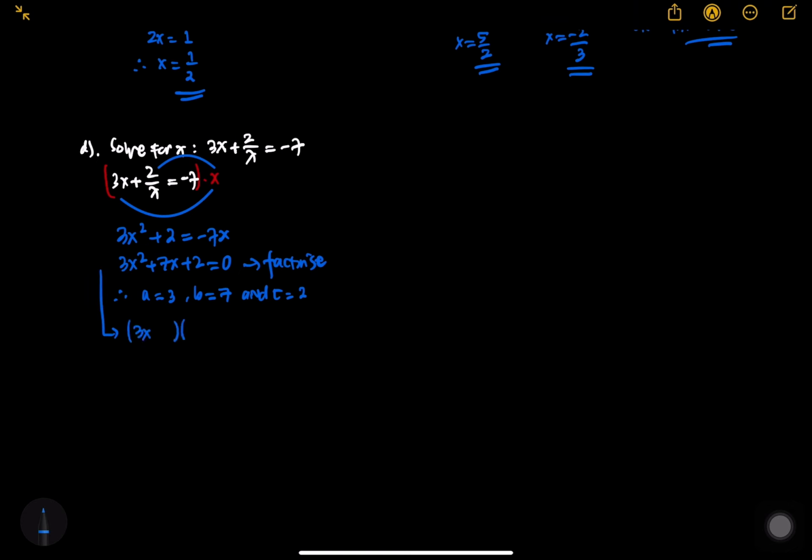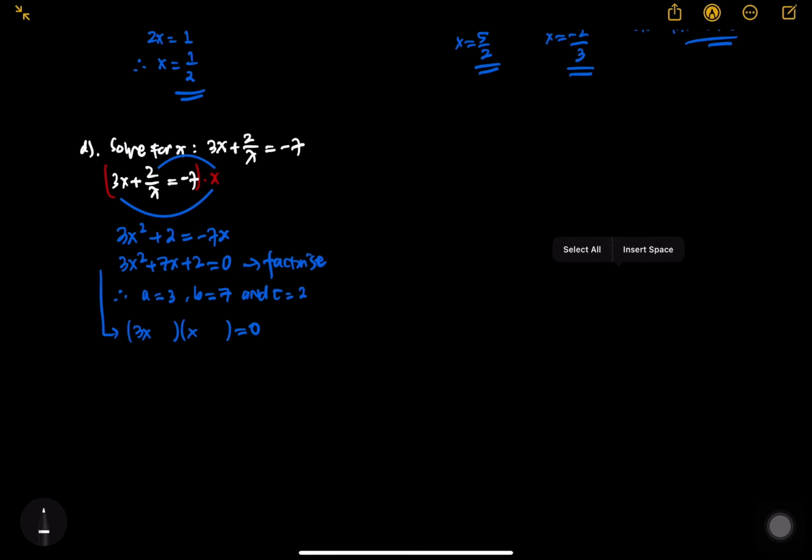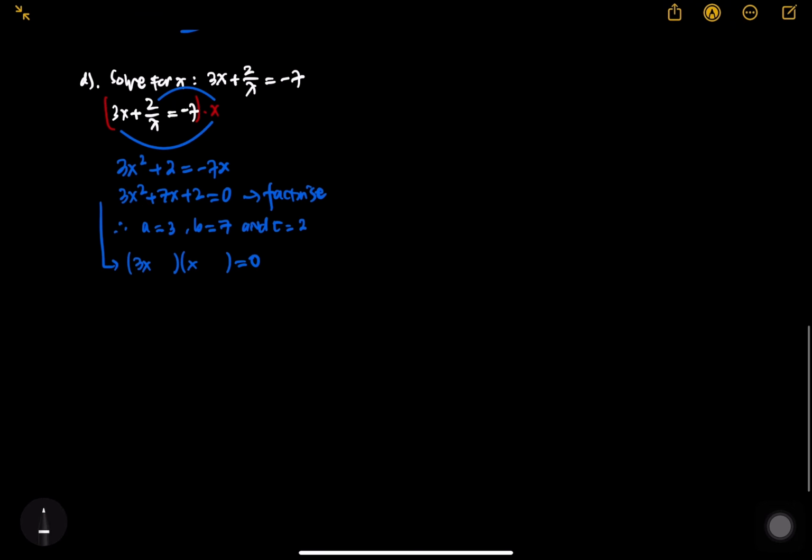And the next step, we can factorize from this: 3x times x, then we have 3x squared minus 7x plus 2 equals 0. Then this is going to be 3x plus 1 and x plus 2.